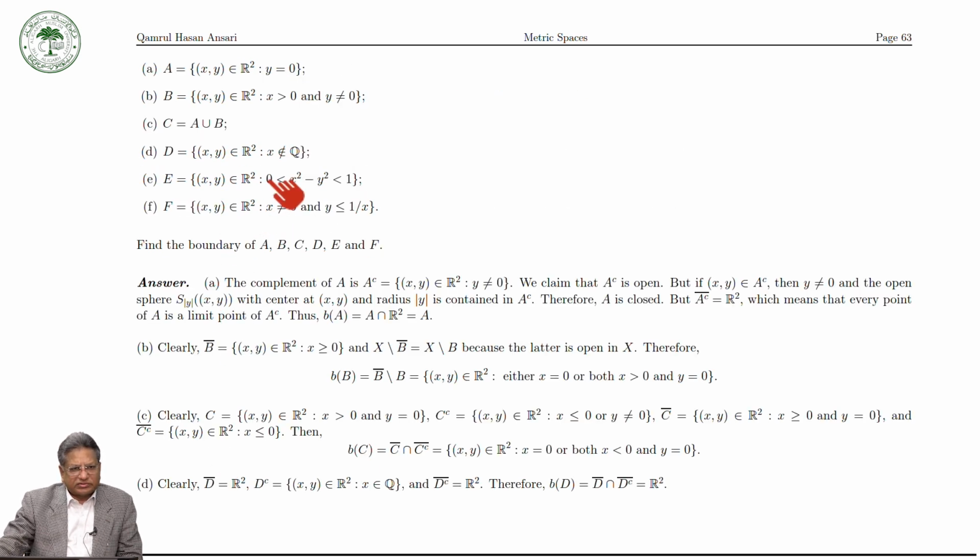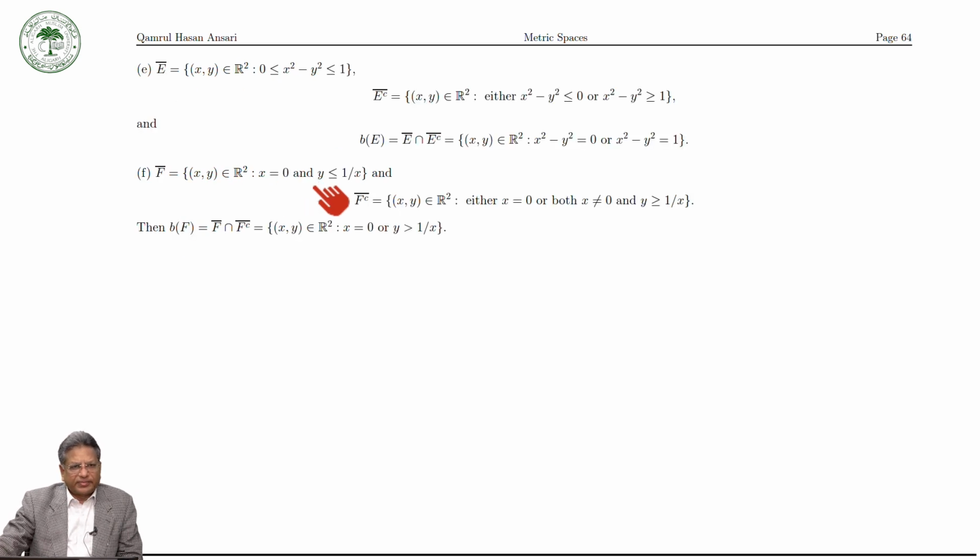E is this set: the set of all points where x square minus y square is less than 1 and greater than 0. So what is the boundary of this set? Again you find the complement of this one. The complement of this is this one.